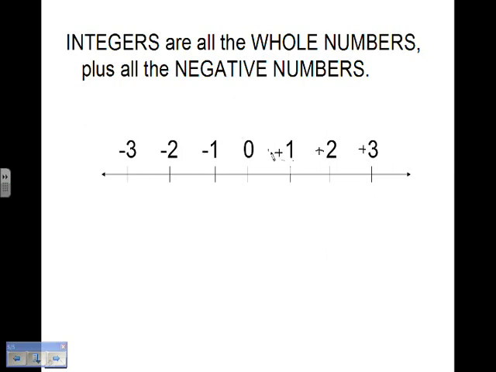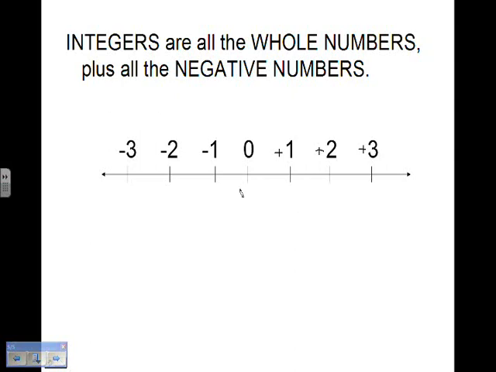The negative integers are opposite to the positive integers, so negative 1 is the same distance away from 0 as positive 1, just in the other direction. Positive 2 is 2 steps away from 0. Negative 2 is 2 steps away from 0, just in the opposite direction.